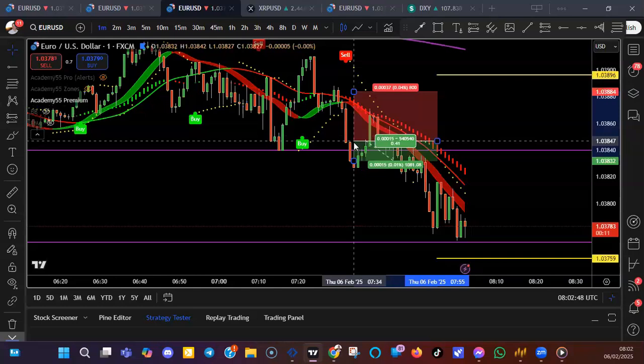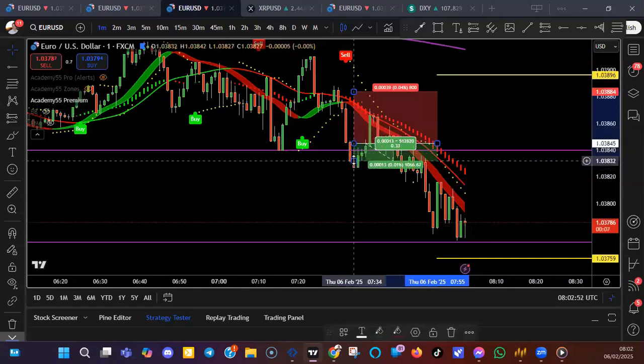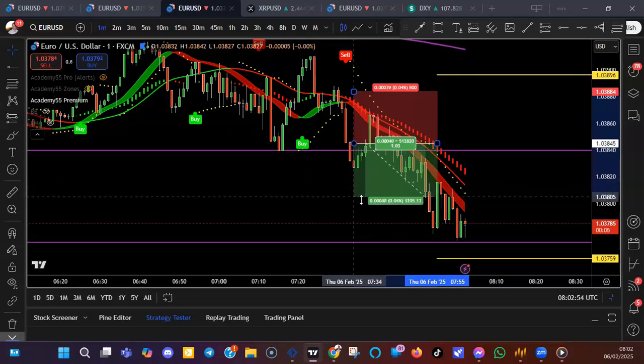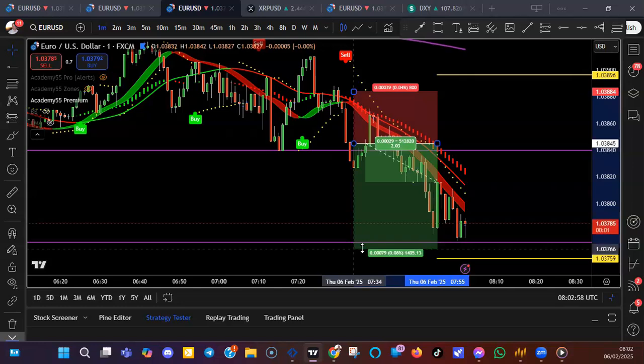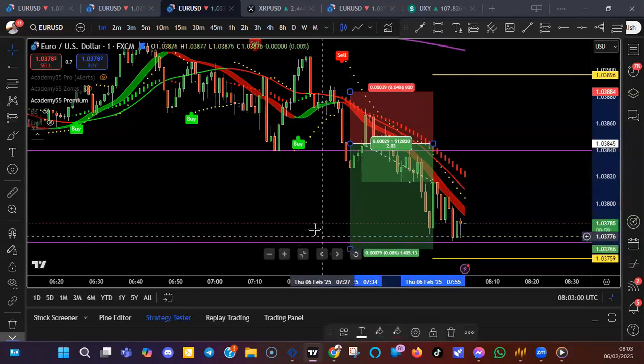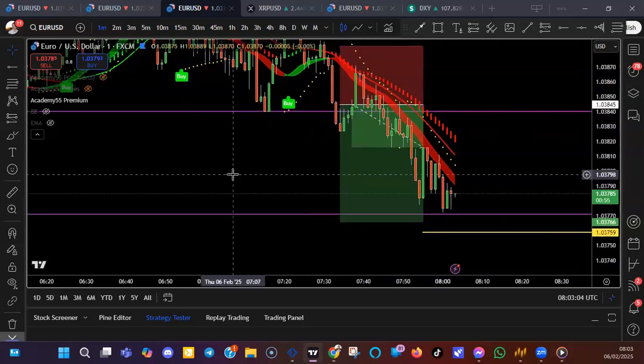You would have got into the trade possibly there actually, with 3.9 pips away. Your 2 to 1 would be down there. And as you can see, you're frustratingly close, but not there quite yet.